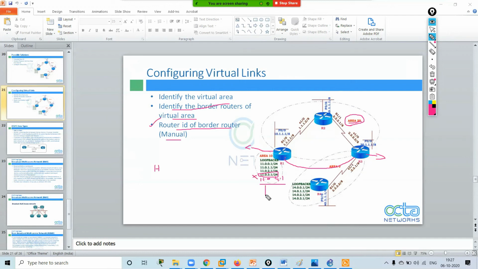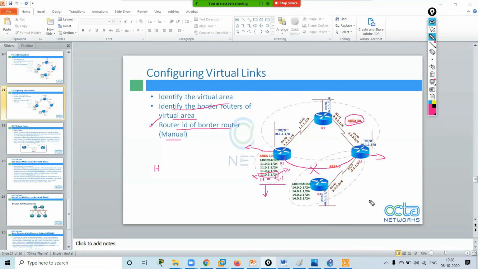Then this became my router ID of this ABR. And I had configured the neighborship between these two routers with the old router ID. Now my virtual link neighborship will go down. They cannot communicate with each other, they cannot send routes. That is why you always need to remember, you need to configure router ID of the border routers manually in virtual link.